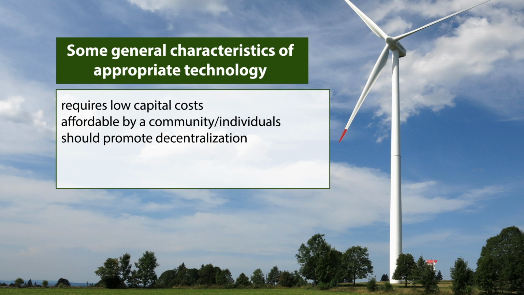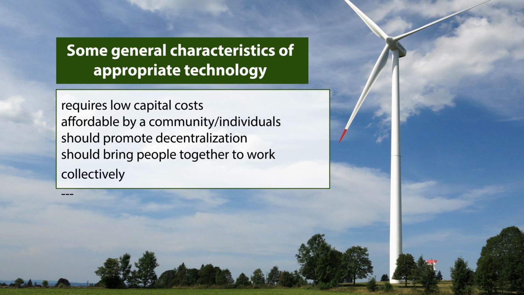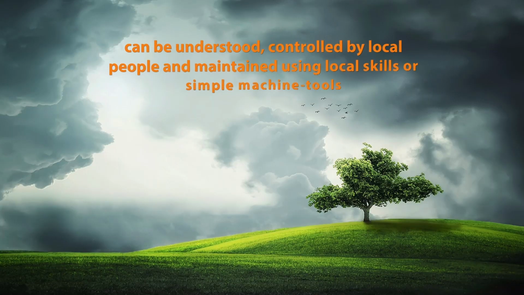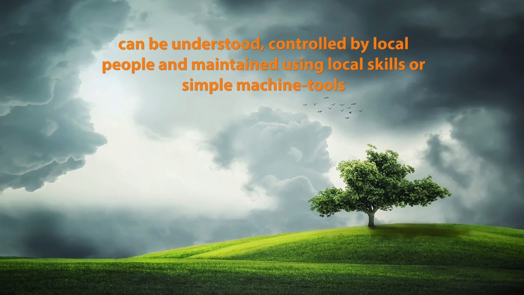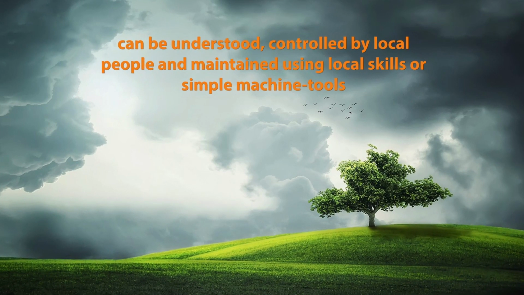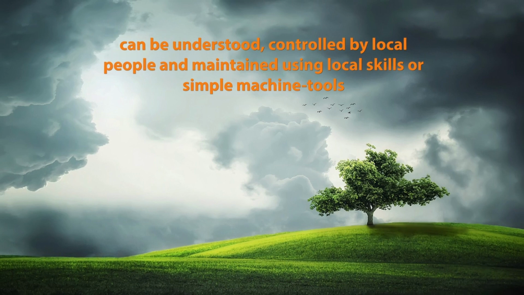So, this appropriate technology actually brings people together to work collectively, and it can be understood or controlled by local people and maintained using local skills or simple machine tools.